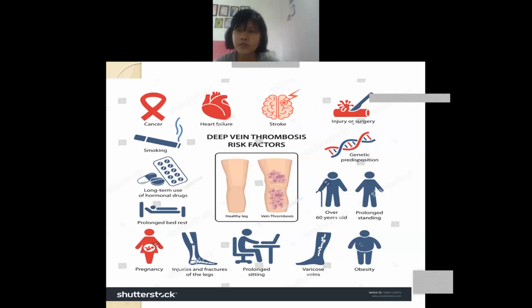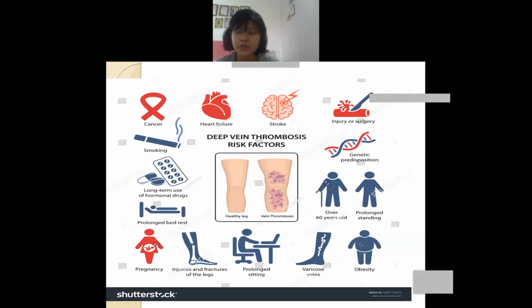Next is injury or surgery. If a person is having any injury or if a person performs some surgery, obviously there will be cutting, right? So the blood clot will arise. So that's why it will occur. Next is stroke. Understand? Stroke also is the same thing, because of poor blood circulation in the human body. Stroke occurs.